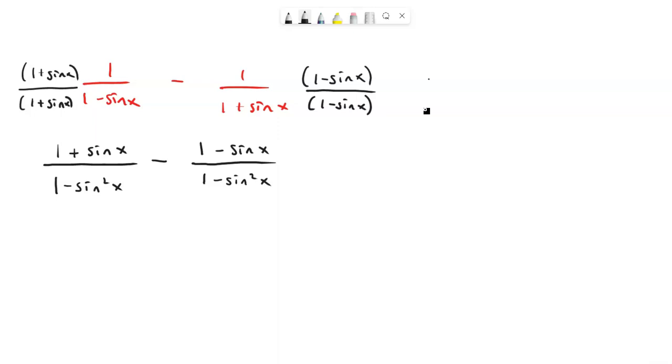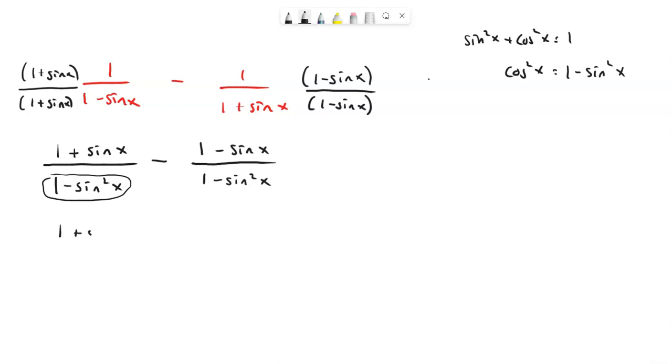Well, 1 minus sine squared x is cosine squared x, right? Remember, if sine squared plus cosine squared equals 1, if I subtract the sine squared from both sides, I get cosine squared equals 1 minus sine squared. So let's replace these things on the bottom here with cosine squared.